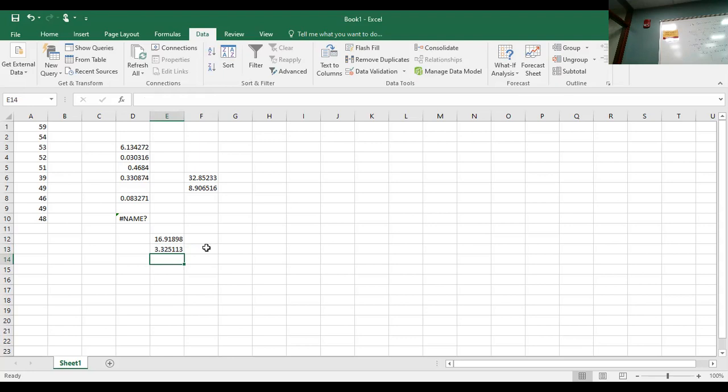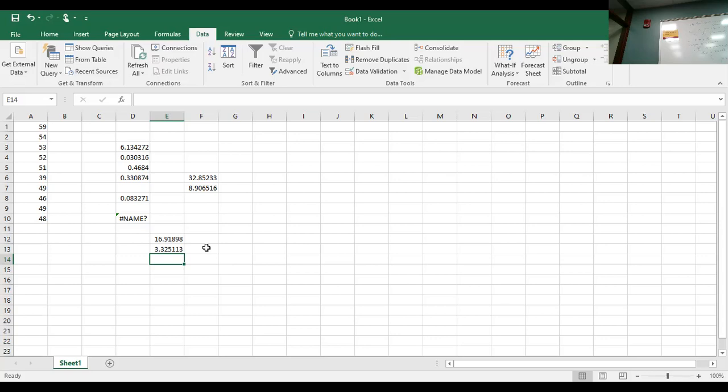So the confidence interval will be, remember, n minus 1 times s squared over chi-square right, less than sigma squared, less than n minus 1 times s squared over chi-square left. So n minus 1 is 9. S squared is already given to us.